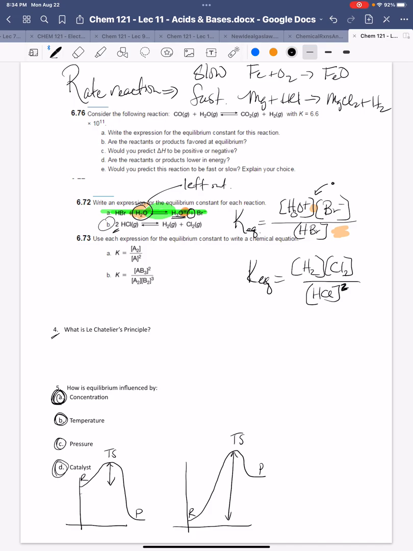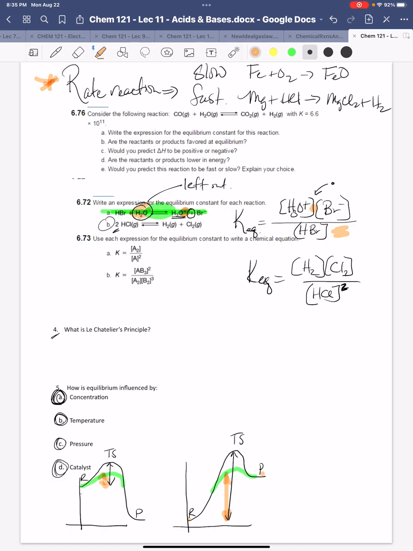Well, when I introduce a catalyst to the situation, what I'm going to do is lower the activation energy barrier and make this reaction easier to accomplish. So I'm going to lower the hump that this system has to get over, and now it only has to get over that much energy to get from reactants to products. Okay, so having said that, now we can talk about Le Chatelier's principle.